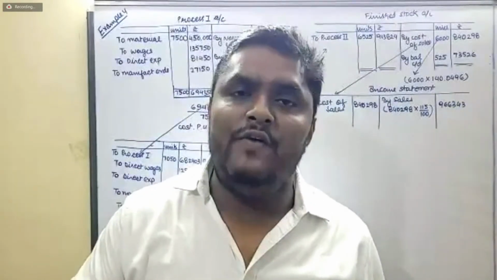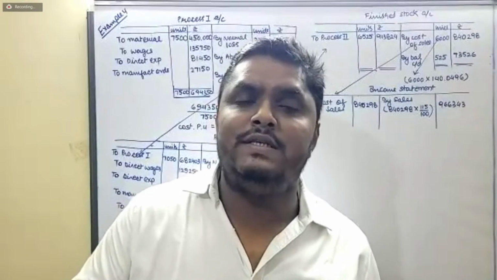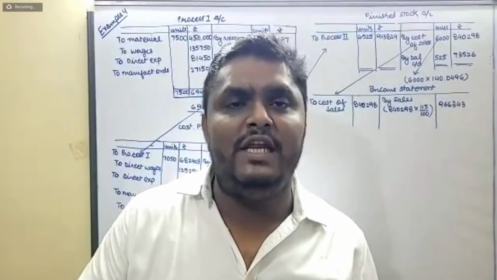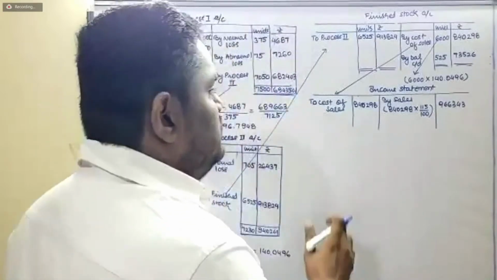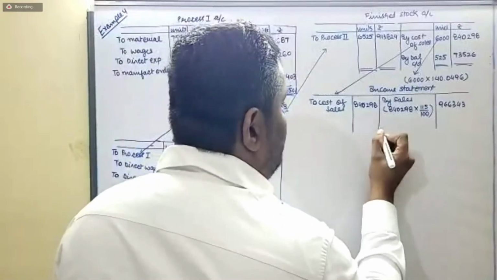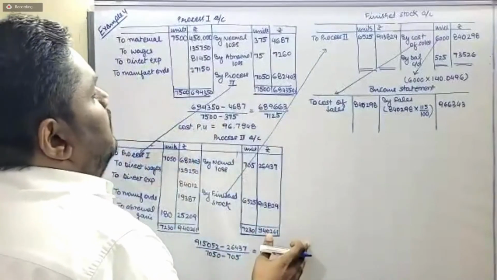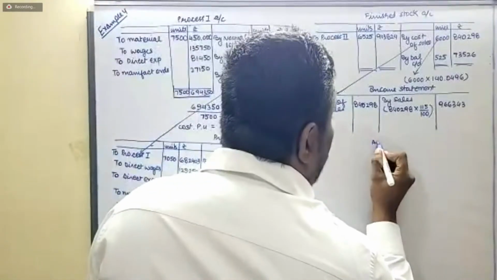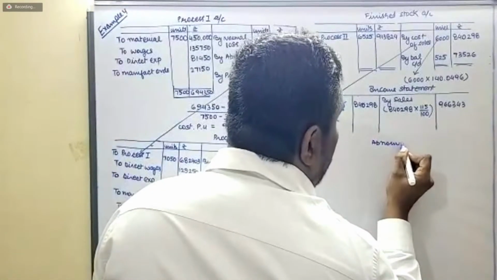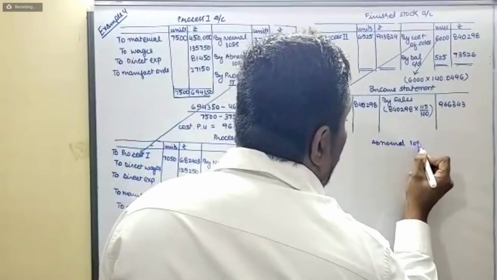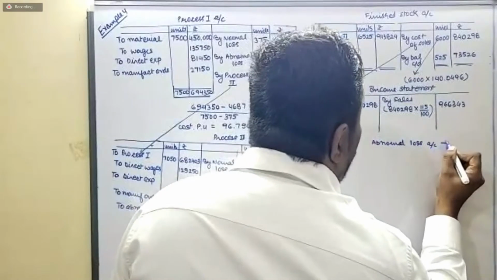Further, the balance of abnormal gain and abnormal loss is to be transferred to income statement or costing P&L. So for your reference, I am discussing abnormal gain and abnormal loss account also. Wherein we'll first prepare abnormal loss account for process first.